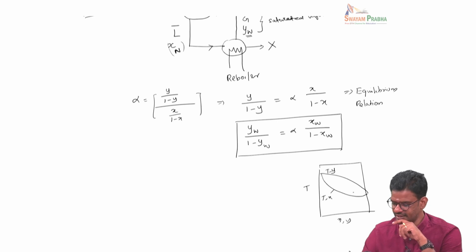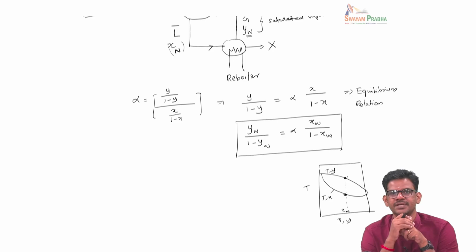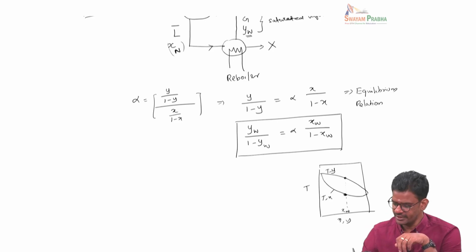So let's say we identify that somewhere here. So this corresponds to Xn. What we do here is in the reboiler, we take this liquid and then we vaporize completely up to this point, which is the dew point. So at this dew point, the composition is YW and the corresponding equilibrium composition of the liquid is XW.